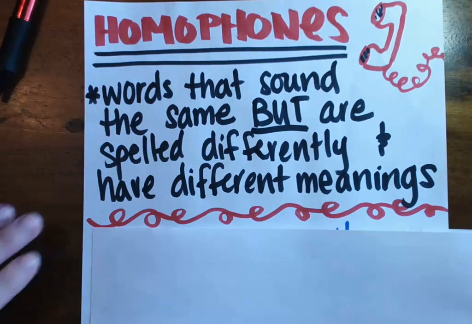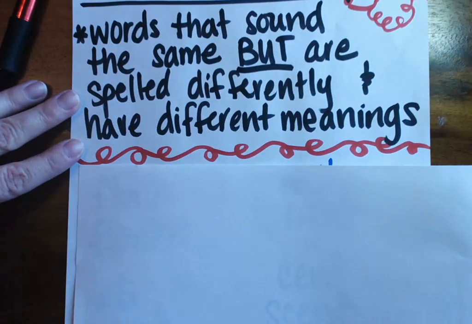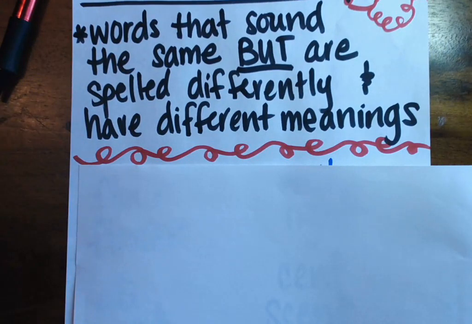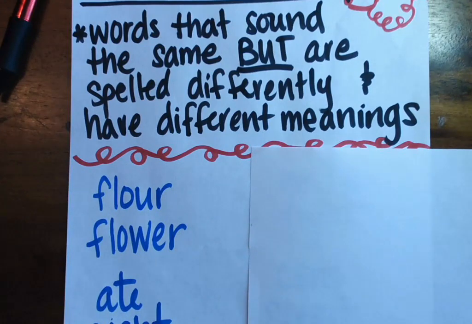All right, so I want to start off with just a couple ones that are really familiar to you. And remember, they're going to sound exactly the same, but they are spelled differently and they have different meanings, okay? So we're going to start with flower and flour.